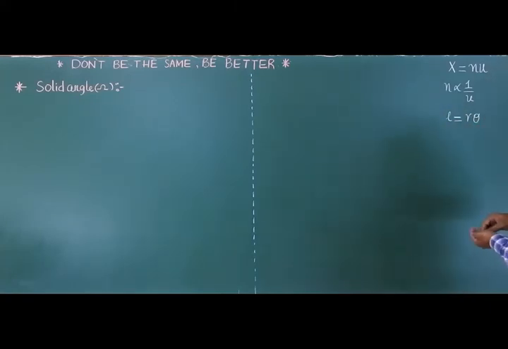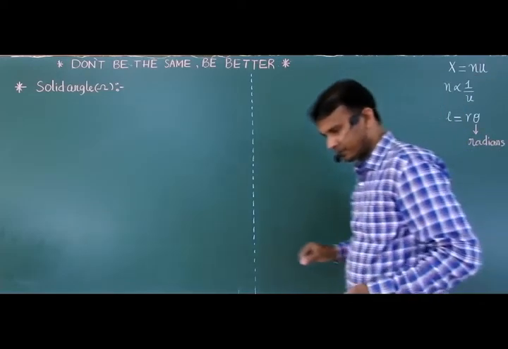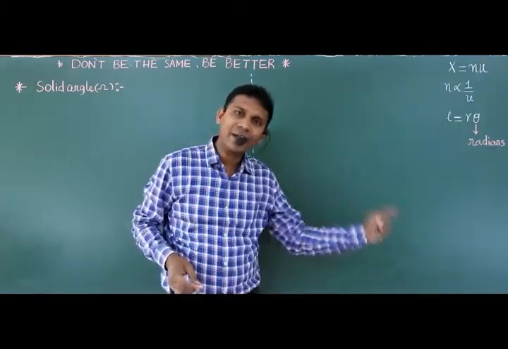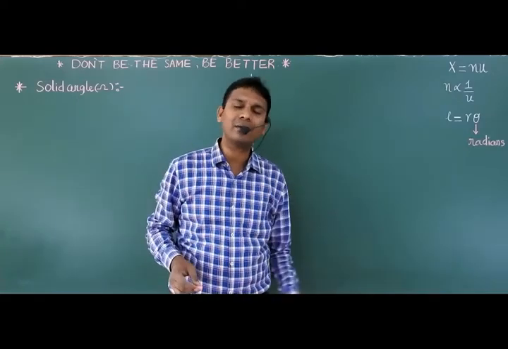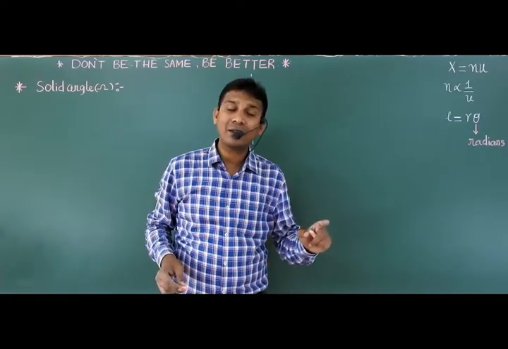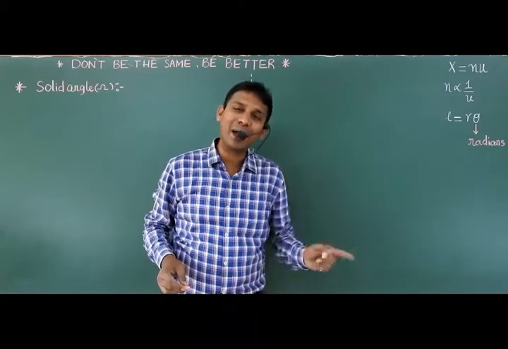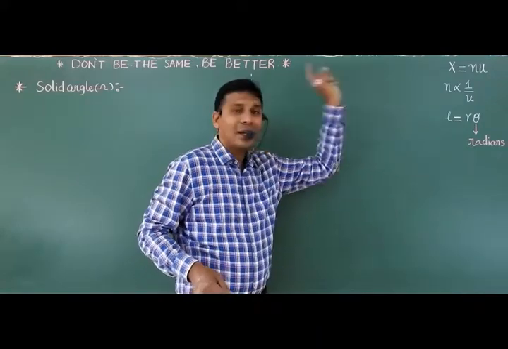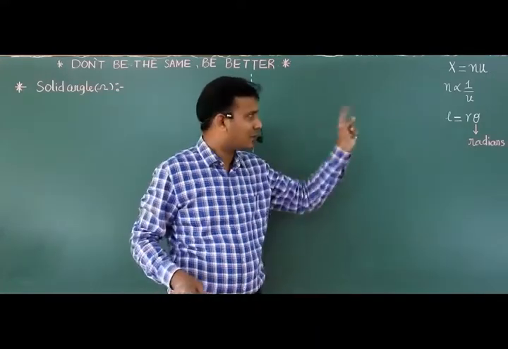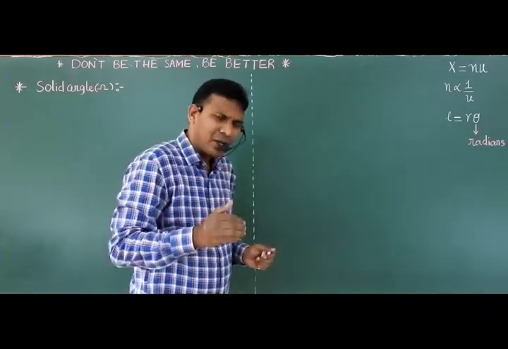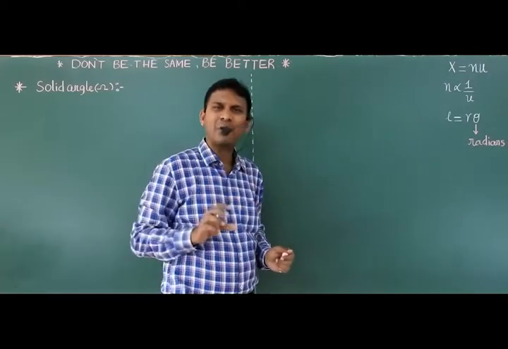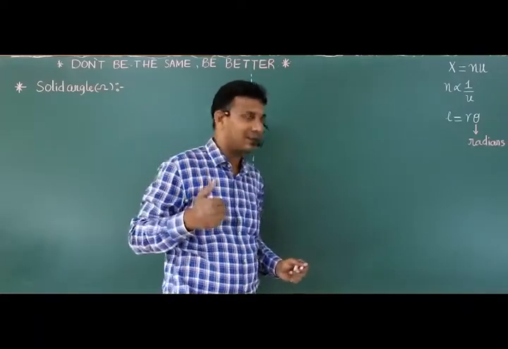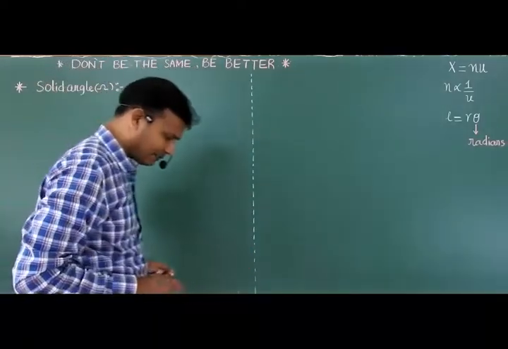And you must remember this theta must be measured in radians. 2 pi radians is equal to 360 degrees. Pi radians is equal to 180 degrees. Here this theta must be in radians only. Right? That is what we discussed. Before going to start a new thing, I will revise the most important points whatever we discussed in earlier classes. Now the next one is solid angle.